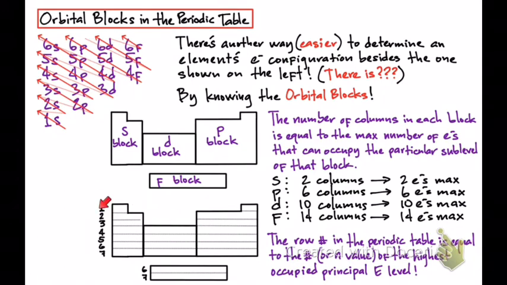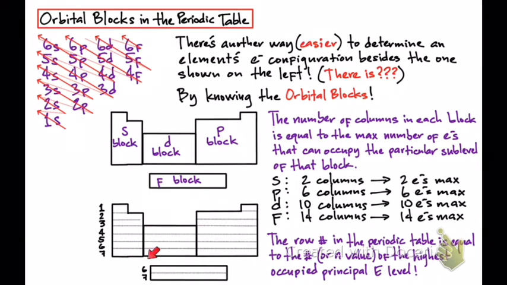If you have row number 1, the highest principal energy level that's occupied is the first energy level. So n equals 1, then n equals 2 for the second row, and n equals 3, 4, 5, 6, and 7.